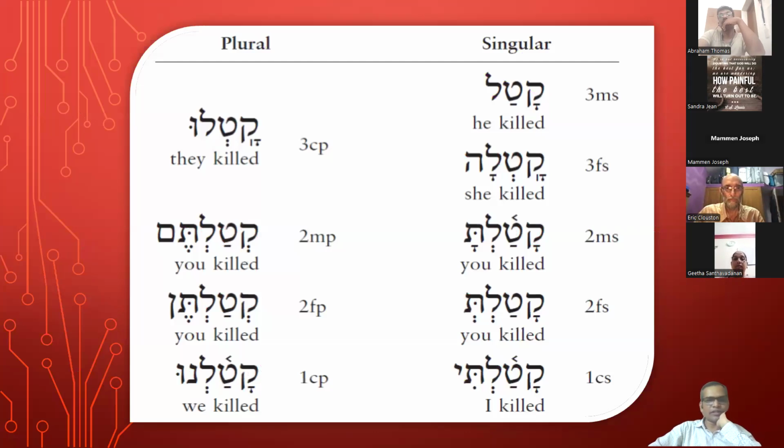For example, look at second masculine singular, katalta, second feminine singular, katalt, first common singular, katalti. But in second masculine plural and second feminine plural, it should be katal only, but the number of syllables is increasing, and the last syllable is receiving the accent, and that is why the first syllable, Qamets, has been reduced to a simple vocal Sheva.